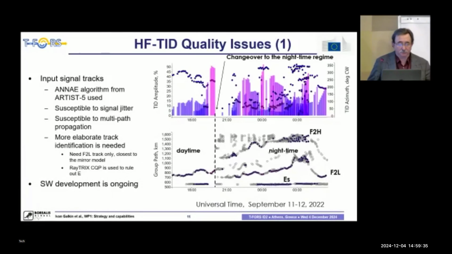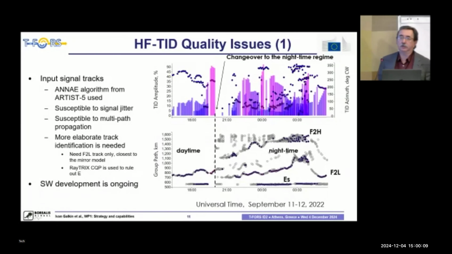We need a more elaborate tracking first, and a more elaborate identification second, because this technique assumes a mirror reflection. That's the background of the technique, which means if that's a Pedersen ray, it doesn't work. Incorrect. So we need to rule those out. Looking at this, these labels, of course, are there, but I put them manually because I can understand what they mean.